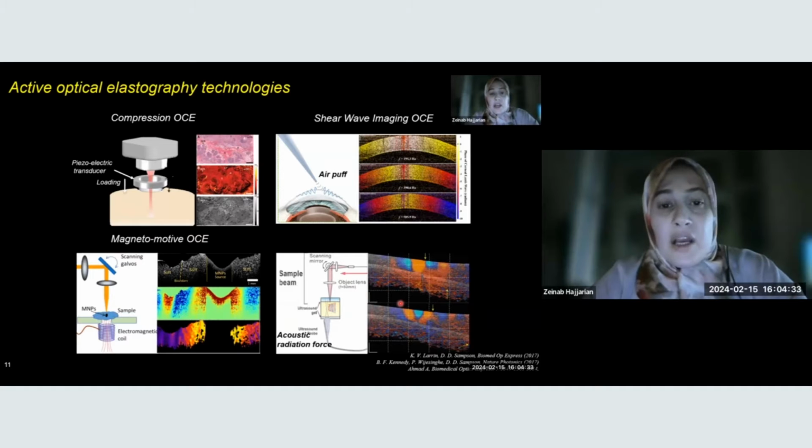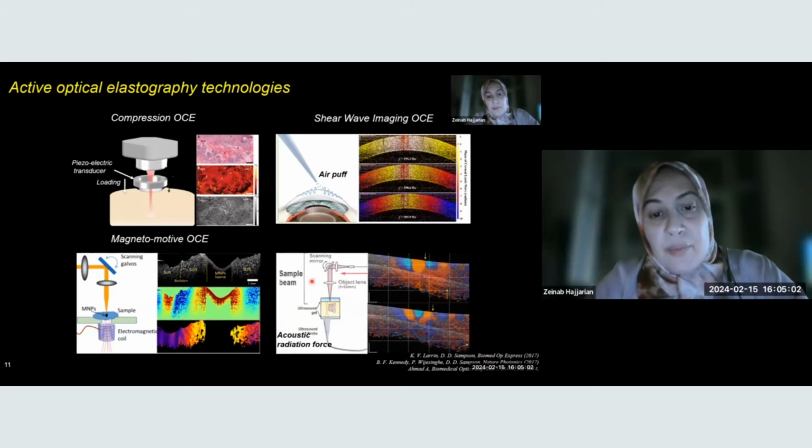Other wave-based OCE modalities are based on tracking an actuation wave propagating across the tissue, and measuring the dispersion of acoustic waves, such as Rayleigh, Lamb, or other types of subsurface waves propagating across the tissue, to measure their velocity dispersions.